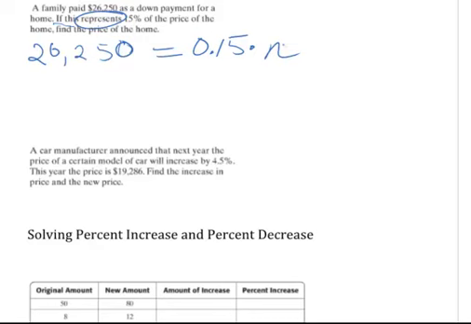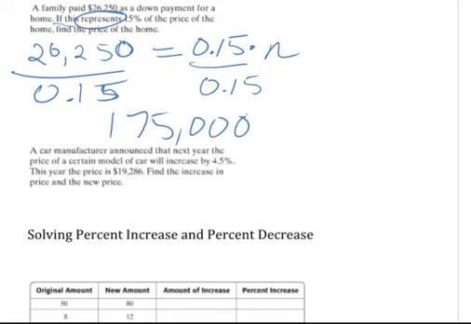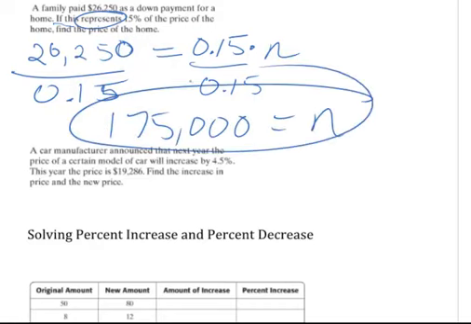So again, now if I want to solve my equation here, I want to get my letter n by itself. I need to divide by 0.15 on both sides. So I'm going to take 26,250 divided by 0.15, and I'm coming up with 175,000 is the price of the home.